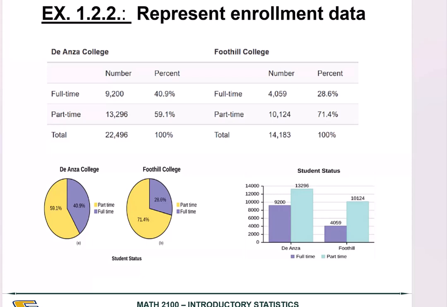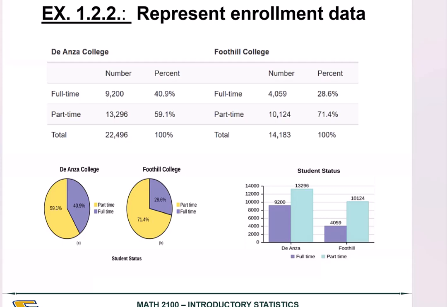From here, we can make a report by showing the table and also using a visualization. You can have a pie chart, where the yellow segment of De Anza College is the part-time students at 59.1%, and the purple one is full-time at 40.9%.